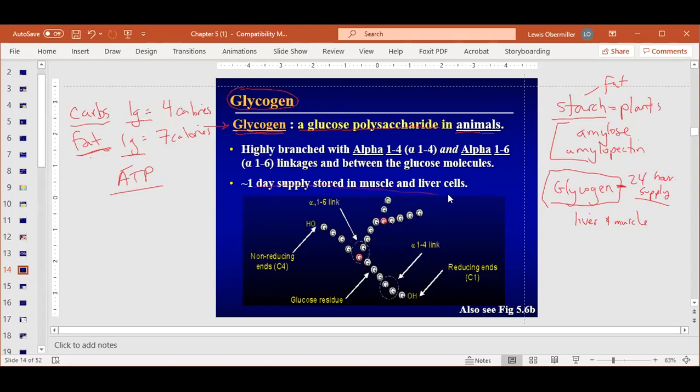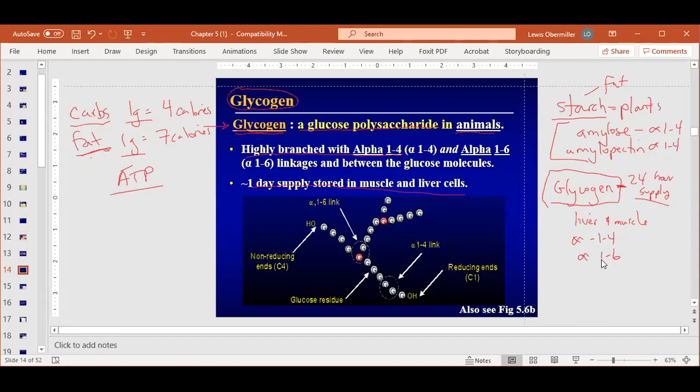So that's what I've written here. And again, this is found only in animals. It's highly branched alpha 1,4s, like we talked about. This is alpha 1,4 bonds. In glycogen, we have alpha 1,4 bonds, but we also have alpha 1,6 bonds.